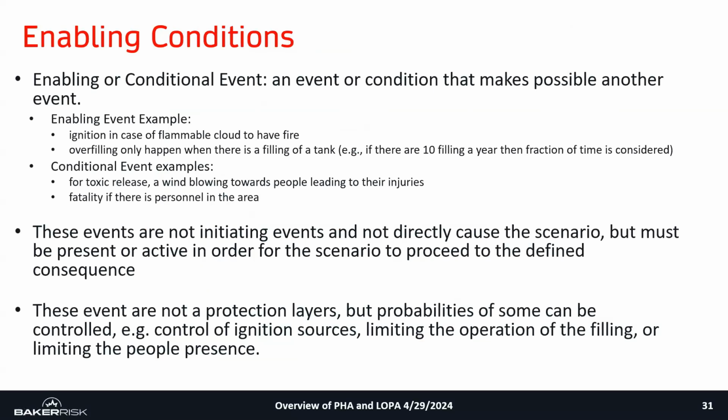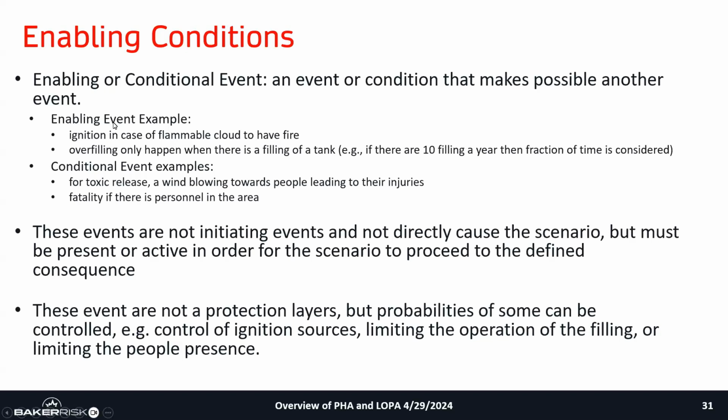So moving on from initiating events, there's a concept of enabling conditions. Enabling or conditional modifiers is an event or condition that makes possible another event. Enabling conditions are not initiating events and not directly the cause of the scenario, but must be present or active in order for the scenario to progress to the defined consequence.